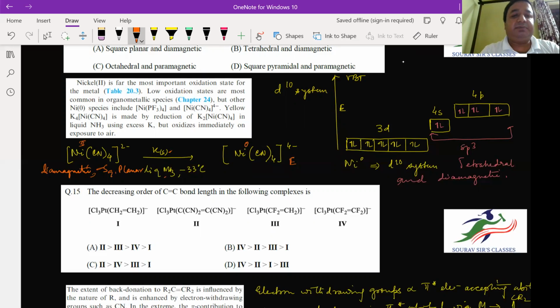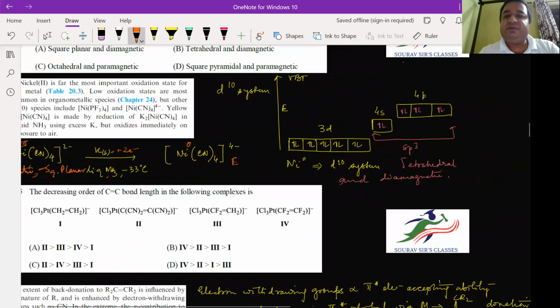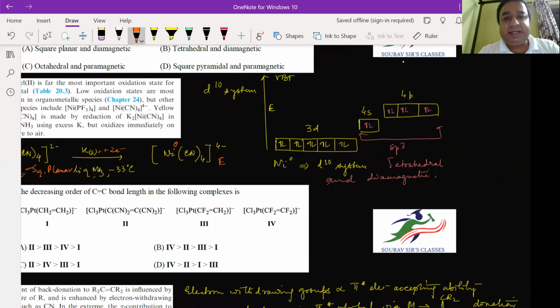Now, in the same complex, when you add 2 electrons, nickel goes to nickel 0. Then if you do the VBT, it becomes basically a D10 system. So this is your 3d level, this is your 4s level, this is your 4p level.